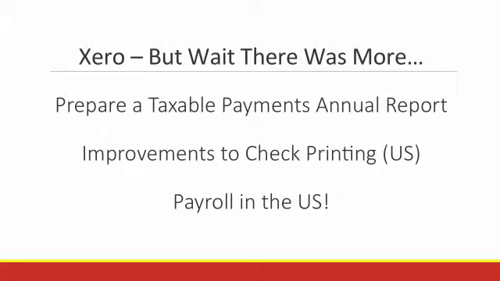For those of you that want to know more about the taxable payments annual report, in Australia it's a report that in the building industry they have to do to report the amount of money that they've paid to different contractors. And if you go to help.xero.com and look up the taxable payments report, or go to reports and then find the taxable payments report, it's down in the bottom right hand corner, you can then hit get help on this page and it will take you to the full details of how to prepare one.